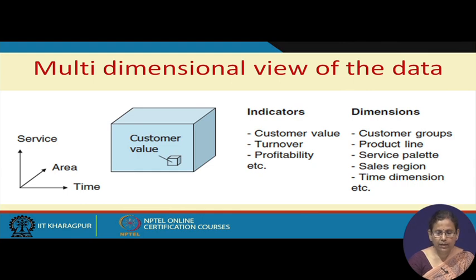They will be in separate two dimensional databases, and combining them together to build a multidimensional view of the data is often carried out by data warehouses. So, indicators like turnover, profitability, customer value etc., which depend on many dimensions, can be seen together, which helps in decision making.